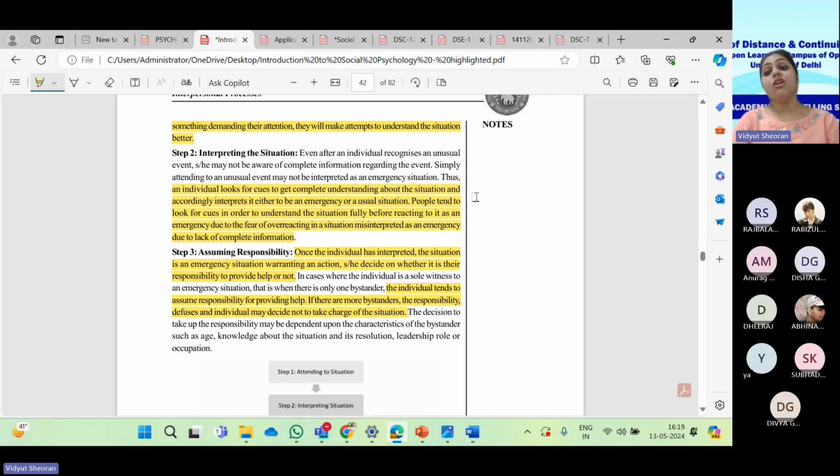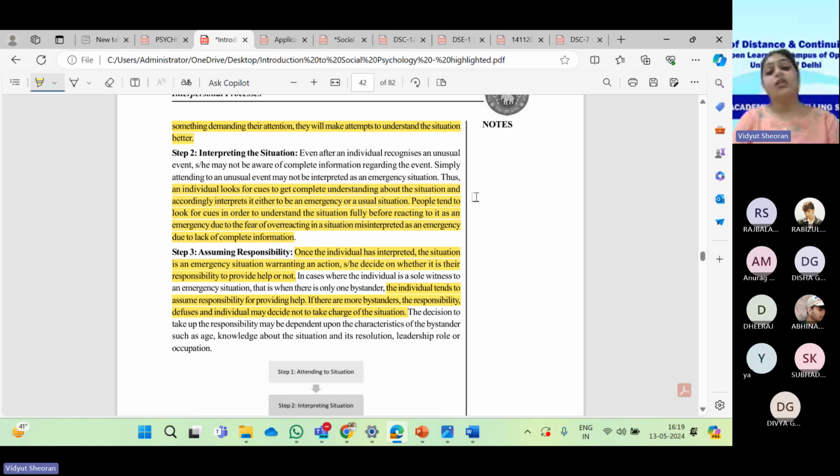Moreover, they have a fear of overreacting in a situation. They are having a fear of misinterpreting the situation. Like, what if I am the only one who wants to help more, while no one actually needs my help. So interpreting the situation is a must before we give a helping hand.